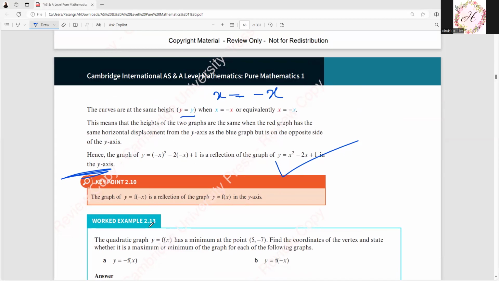Okay, then the 2.13 one. Just do the worked example.